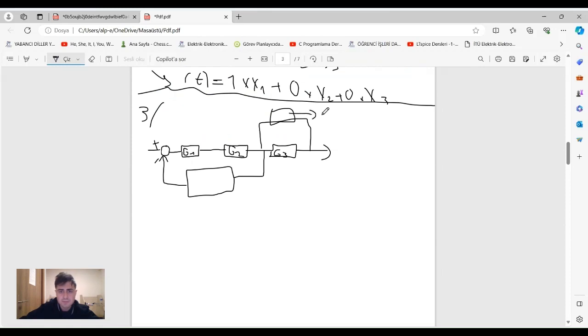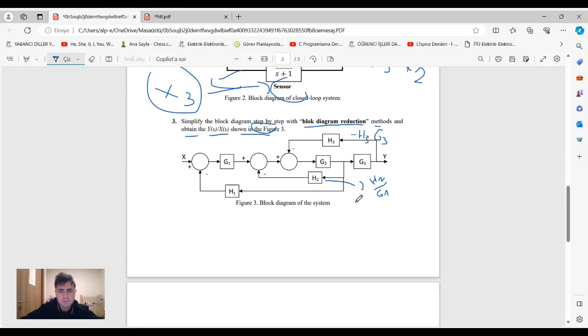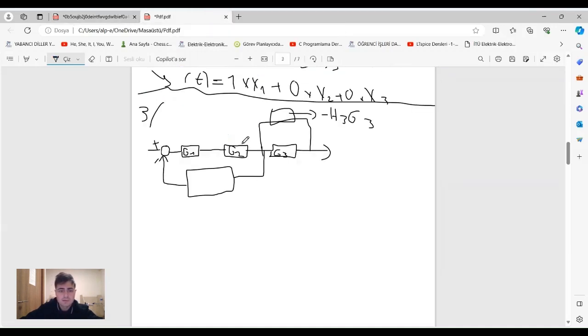So write this minus H3 G3, and then we came up to H1 plus H2 over G1. I can write it like that.